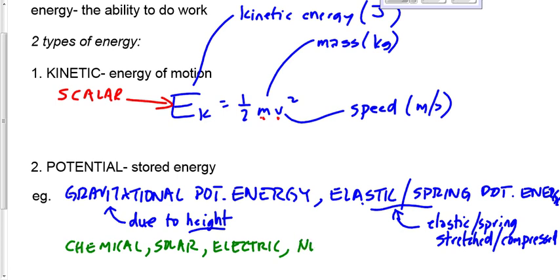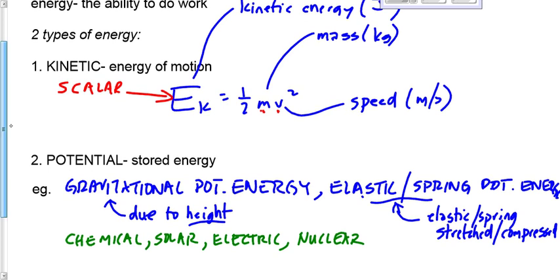Nuclear, you could consider a type of potential energy. Energy that's stored in the nucleus of an atom, which we'll deal with somewhat next year in Physics 30 as well. It has the ability to do work. It's not doing anything right now, but it can. If we just release it, let it go, then it has the ability to do something. Generate electricity or make things move. All kinds of types of potential energy.